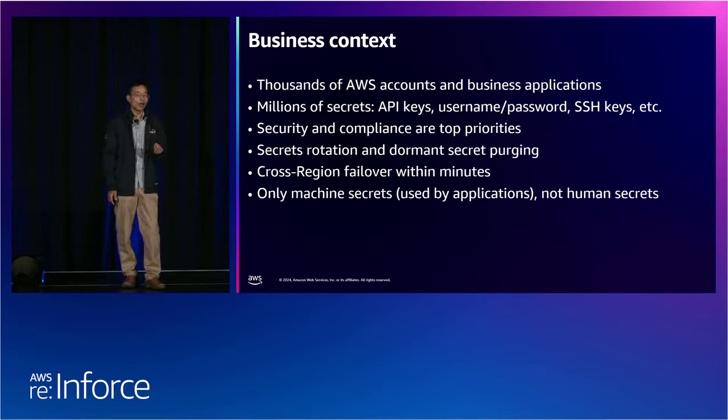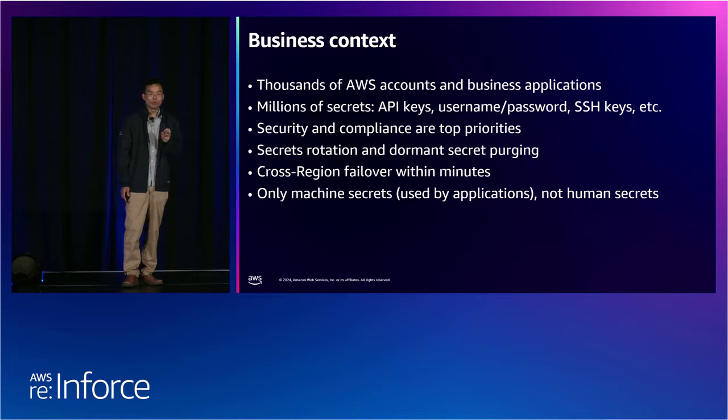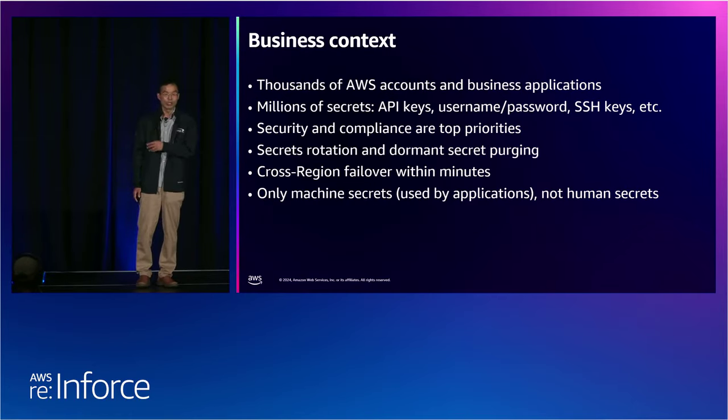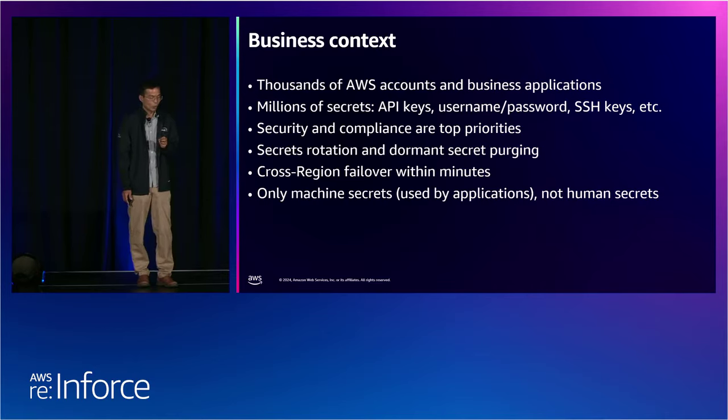And we want all secrets to be located in our target state. And then also, we enforce many best practices, including that we purge dormant secrets frequently when they are not used for, like, 6 months.